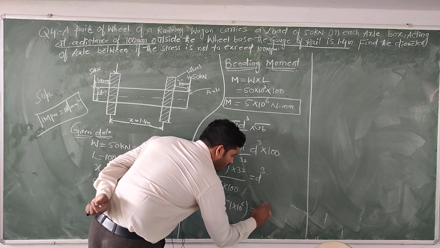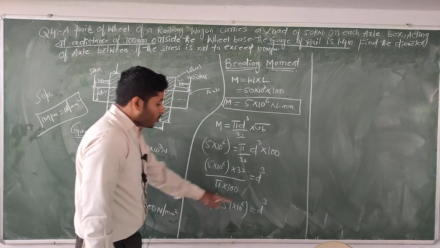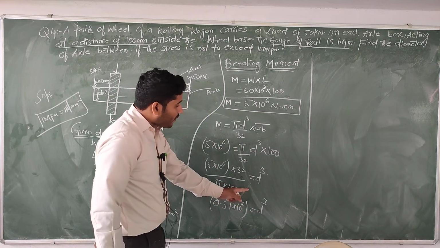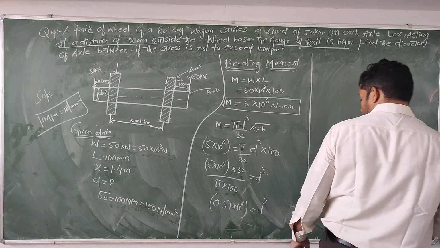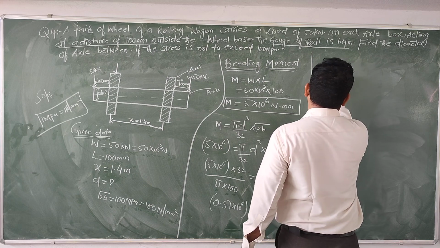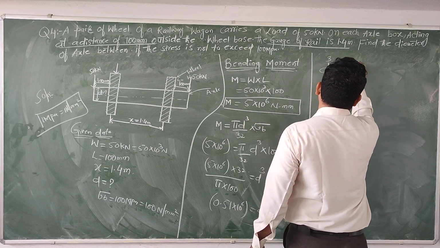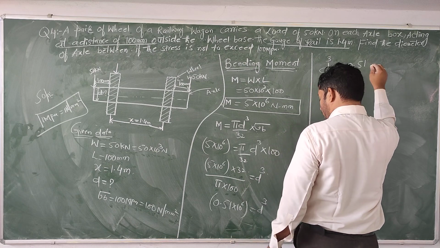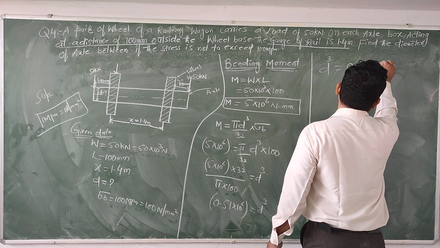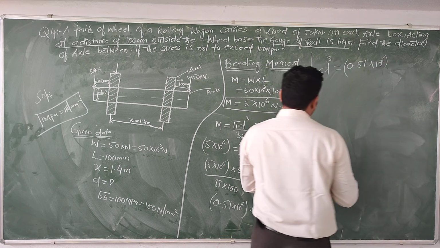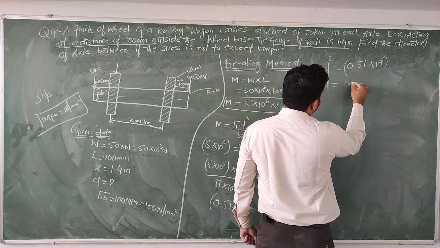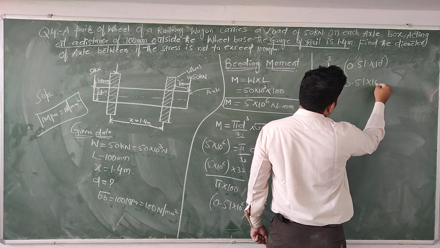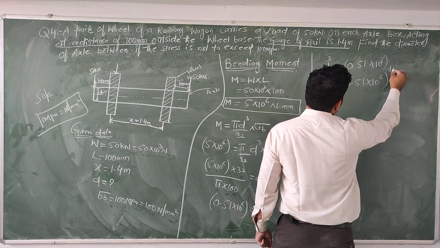If you remove the cube, the power becomes 1 by 3, which is nothing but 0.333. So d equals 0.51 into 10 power of 6 power 1 by 3.